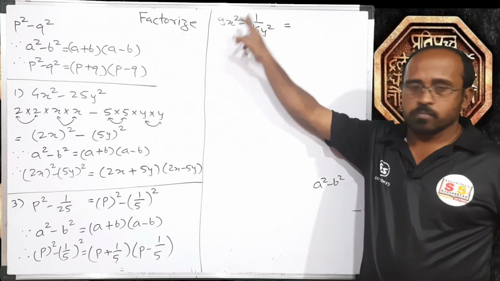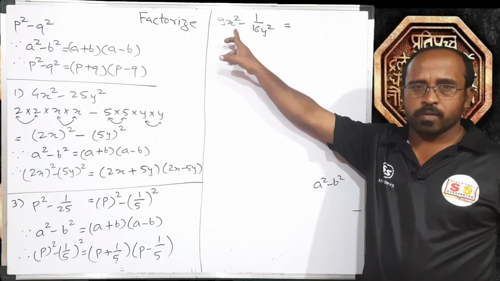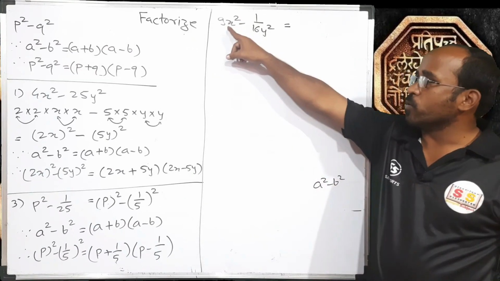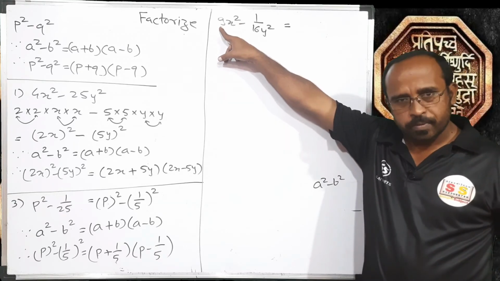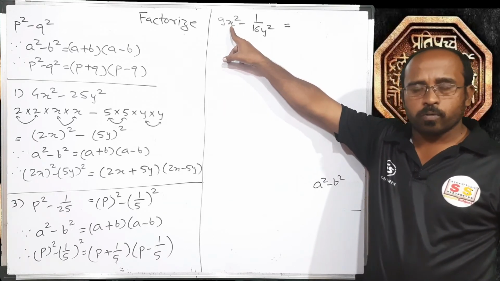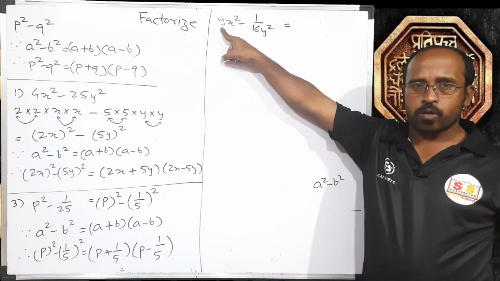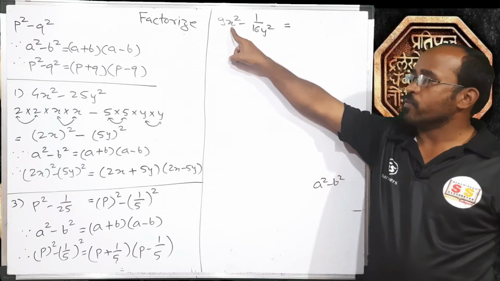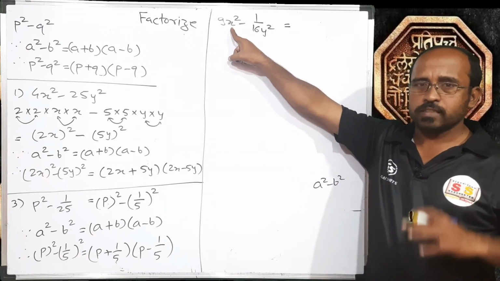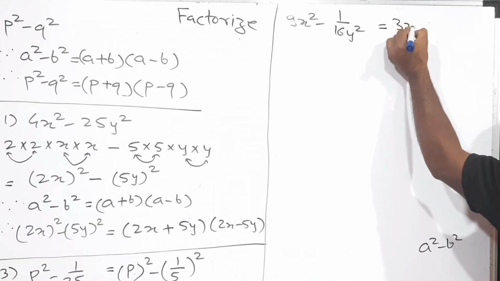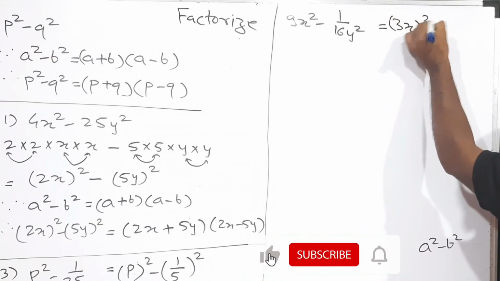Whenever there is a term, coefficient multiplied by variable, we find their square root separately. So we have to find the square root of the coefficient as well as the square root of the variable. So coefficient is 9, its square root is 3. Variable is x square, its square root is x. Means 9x square, its square root is 3x. Right?